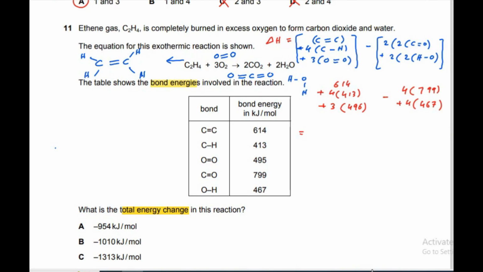There is one C=C bond. There are four C-H bonds. So I have already written here. Then oxygen is a molecule which contains a double covalent bond, but three molecules are there. So three times O=O. So the formula for the enthalpy change is the energy required to break bonds minus bonds formed. So bonds broken minus bonds formed, and we'll get the enthalpy change or the energy change.